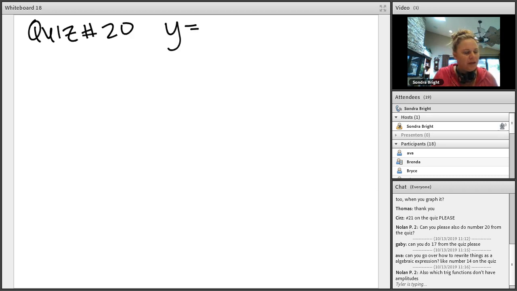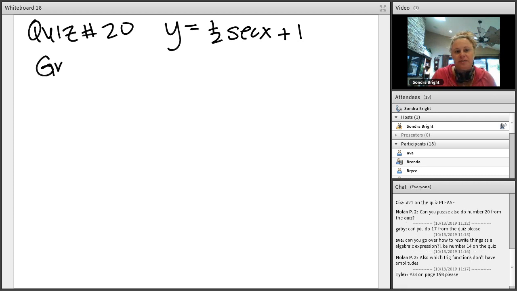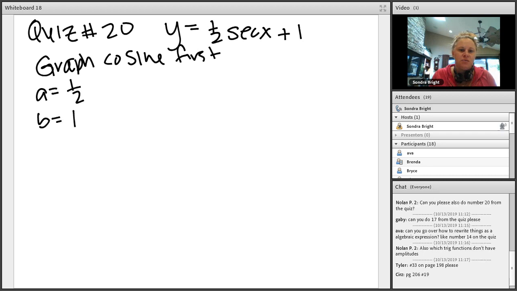So we got y equals 1/2 secant of x plus 1. So I'm going to graph cosine first because that's the reciprocal. Your a is 1/2, your b is 1, c is 0, and then d is 1. The period of cosine is 2 pi over b.